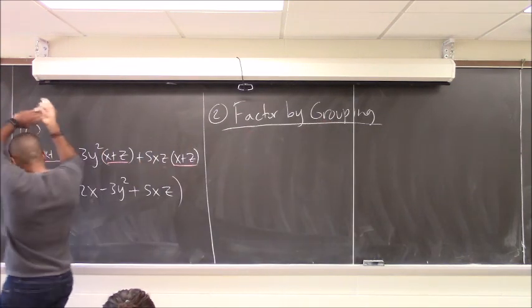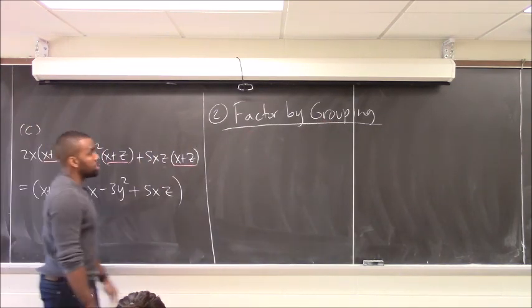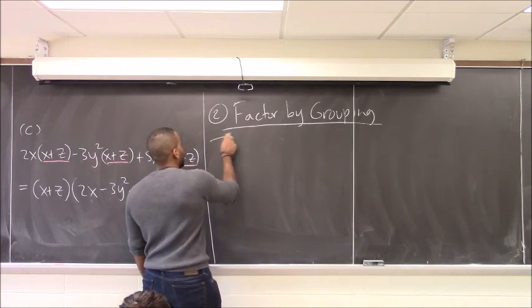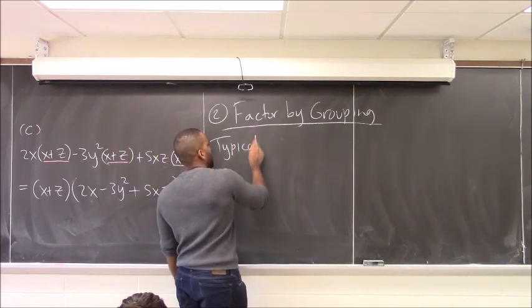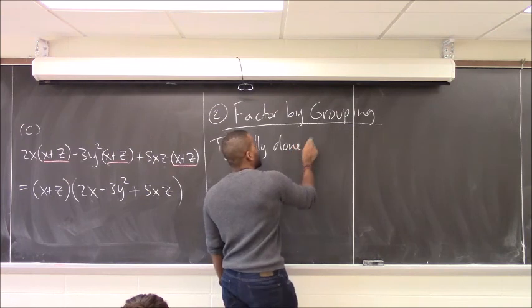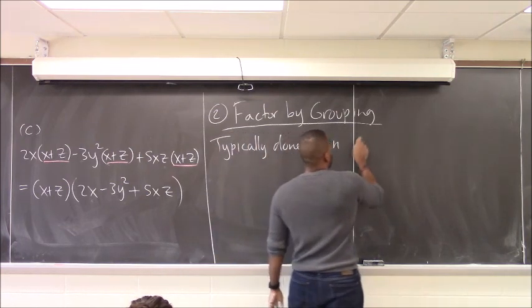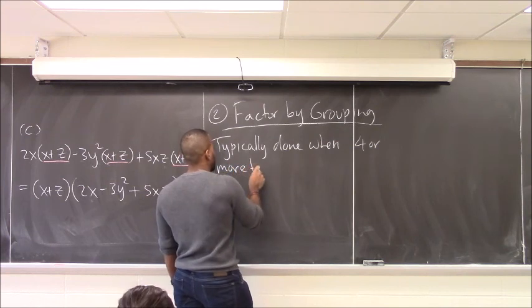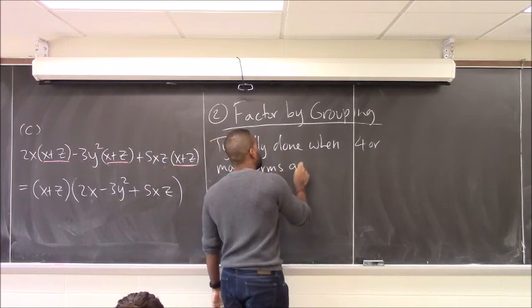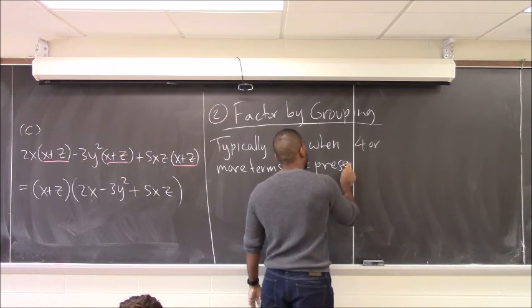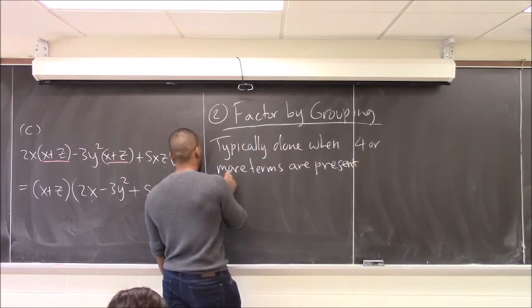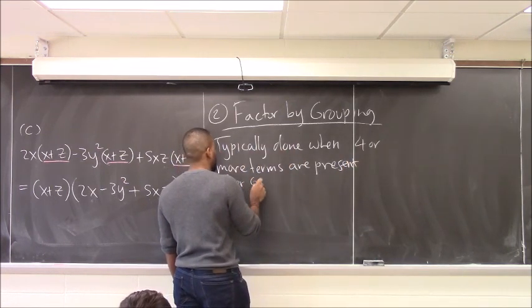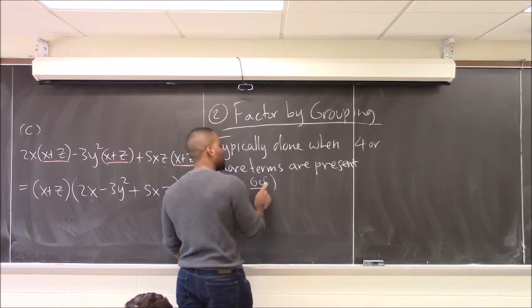Okay, so factor by grouping usually comes in... GCF is always going to be the first thing.